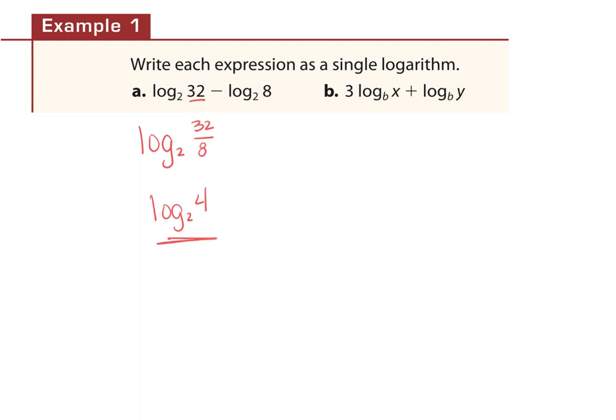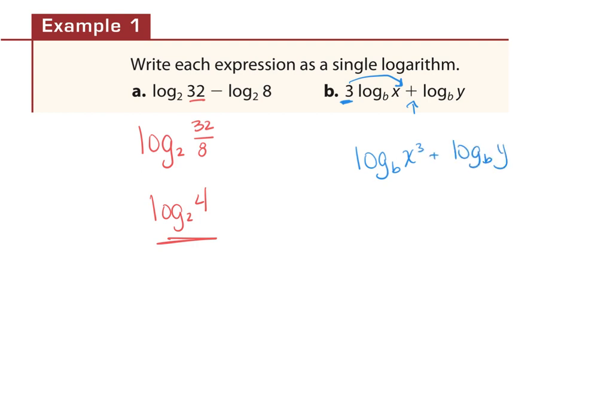Let's look at the next one. We have multiple things going on here. We are multiplying and we have an addition. So we're going to deal with this first. Anytime you have a coefficient, that can become the exponent. So this first step, we're going to rewrite this to x cubed.